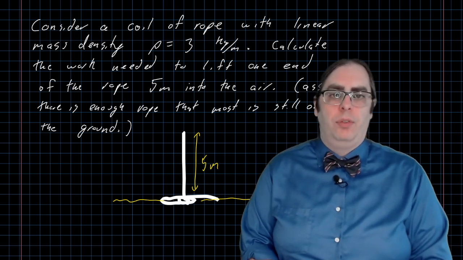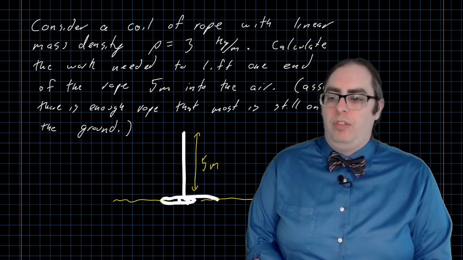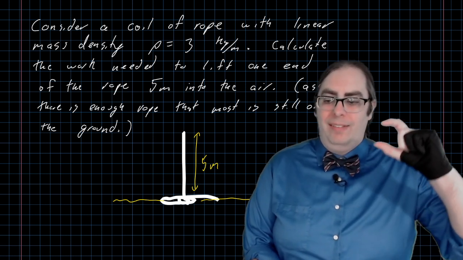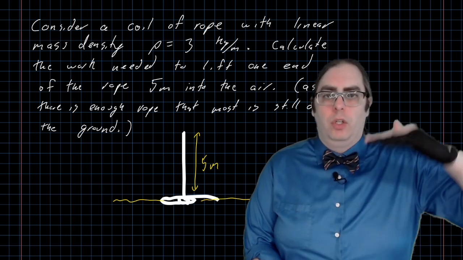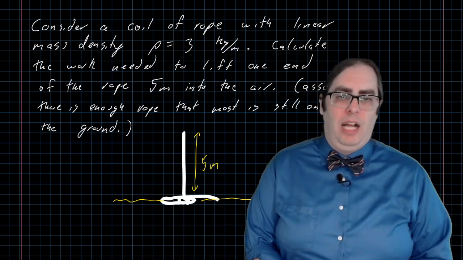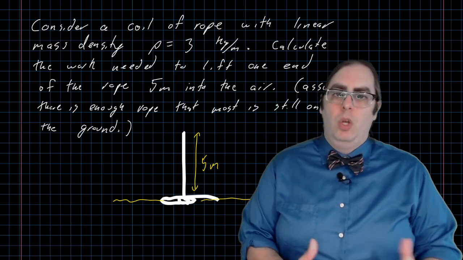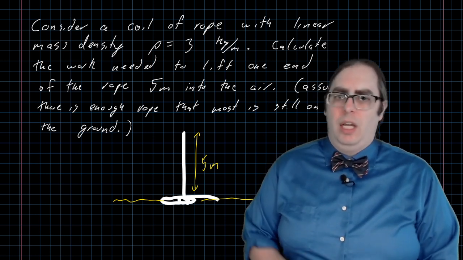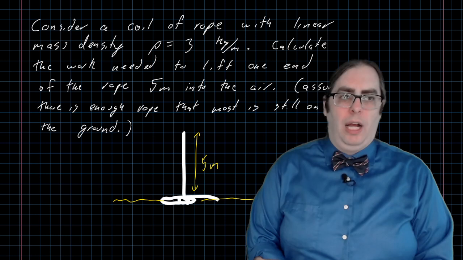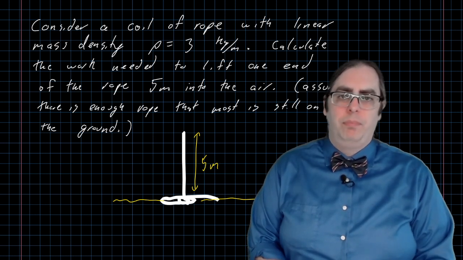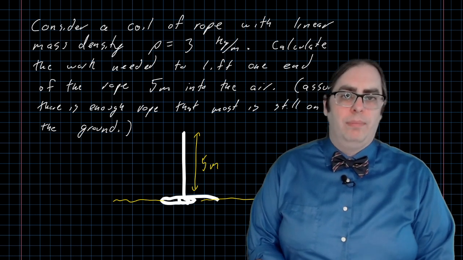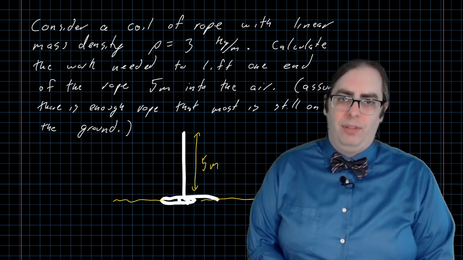Think about how much force is there at one instant along the rise, and then integrate over the entire raising of that rope. With that idea in mind, use the formula for gravity we just looked at in that previous problem. See what you can do with that one, and I'll see you in the next video.